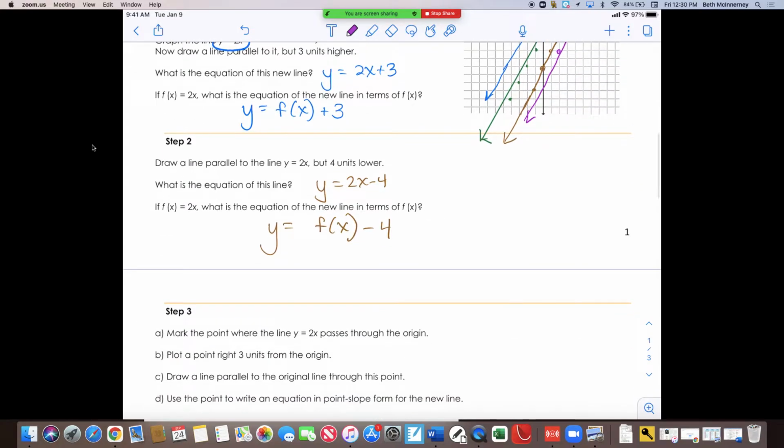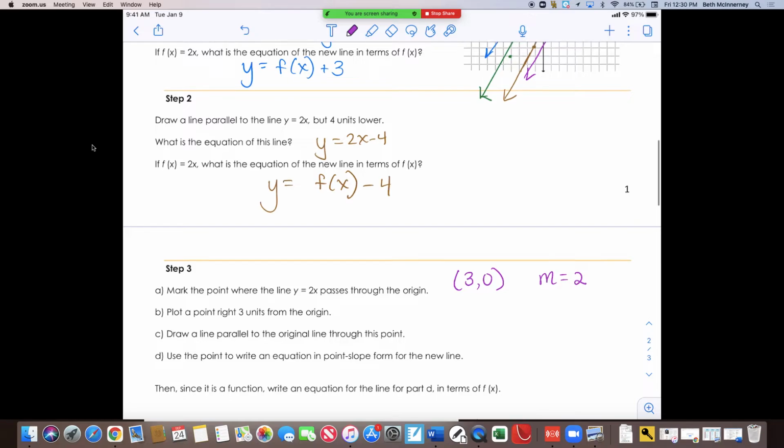So I want to kind of talk about this one. So I have a new point, (3, 0), and the slope is 2. Now I want us to use point slope form, and hopefully that's coming back to you from Algebra 1.